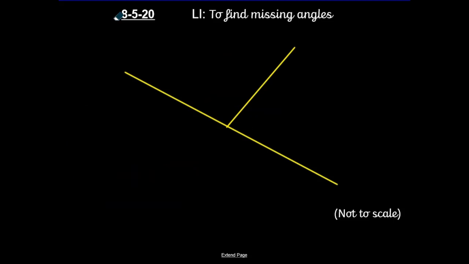Okay then, let's have a look at another one. So this one here is now going to be 134 degrees, and this is angle B. So what is angle B? Again, use that fact to help you. We know on a straight line, the total sum of angles is always going to equal 180 degrees.